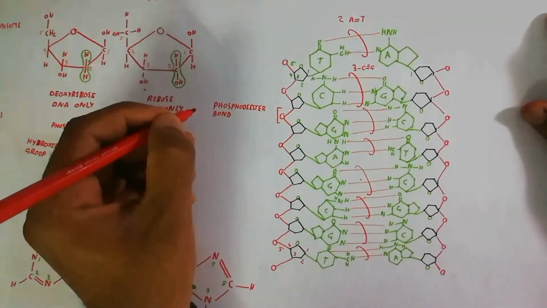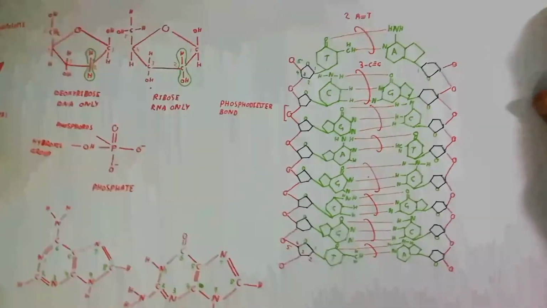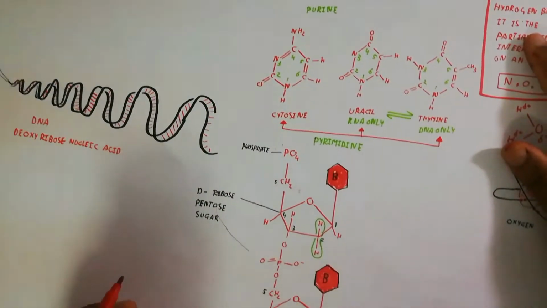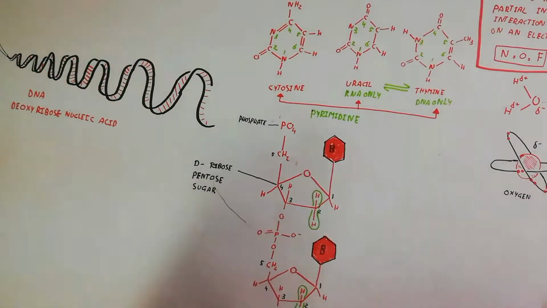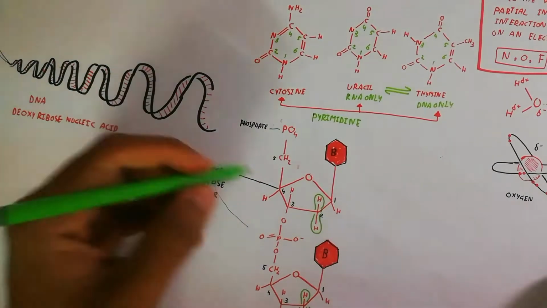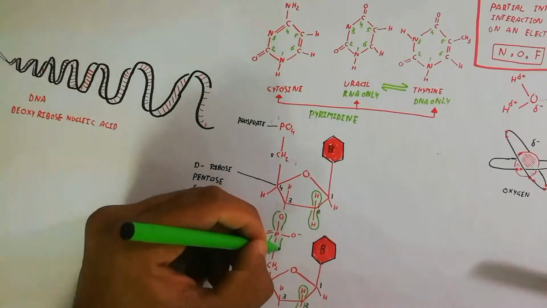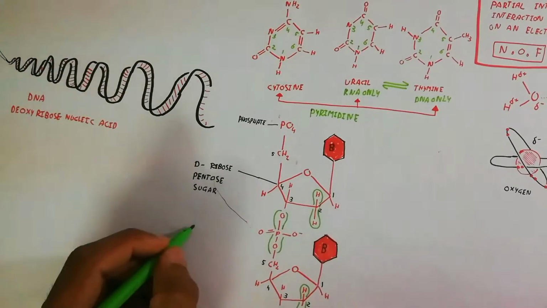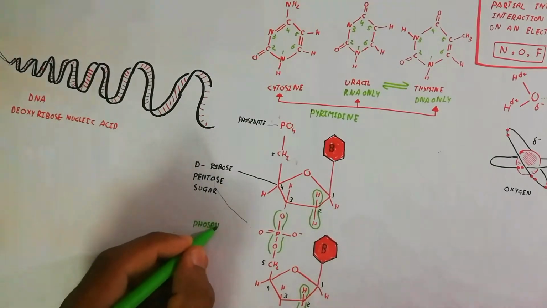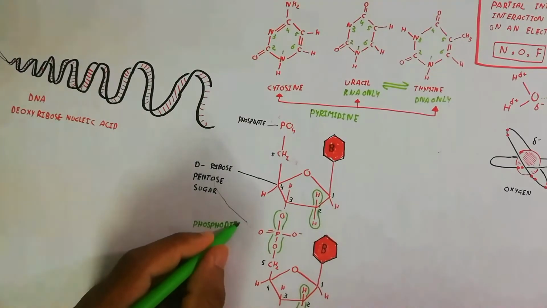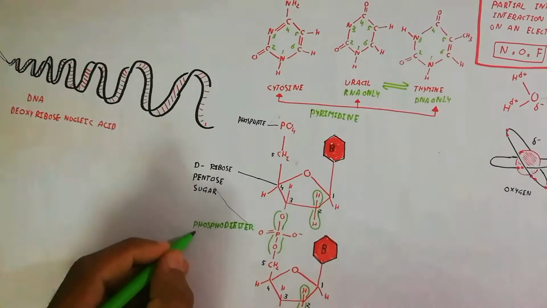Here the backbone contains phosphate groups, which also have sugars attached. Now we will discuss the phosphate group, where the phosphodiester bonds are present. Due to the two oxygens bonded to phosphorus, the bond between the phosphorus and oxygen on the upper side and lower side is known as the phosphodiester bond.